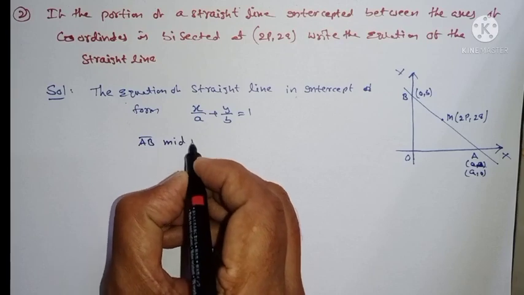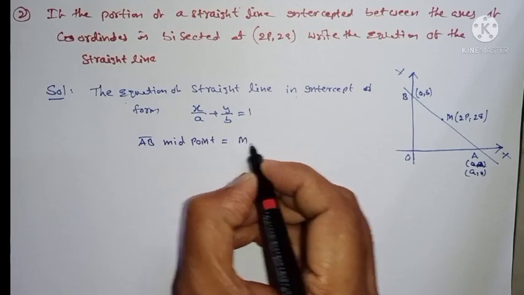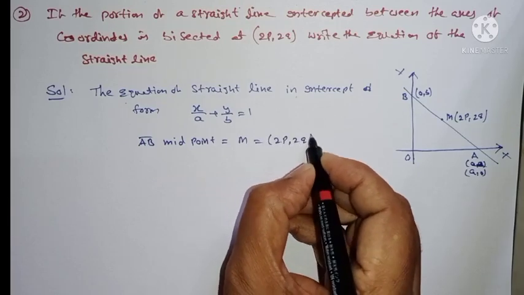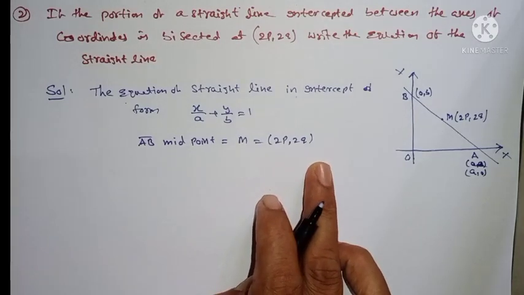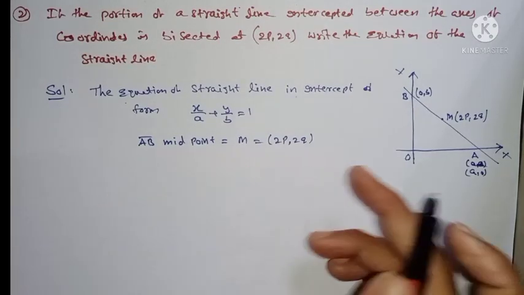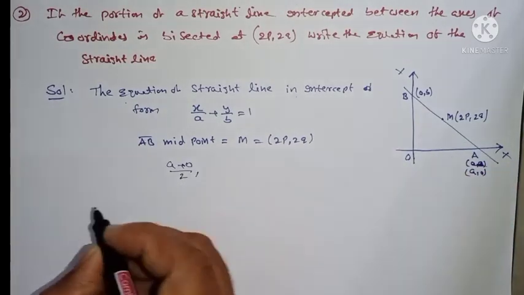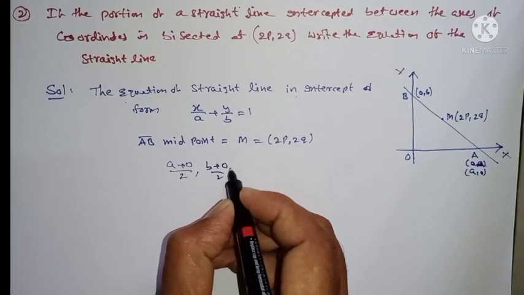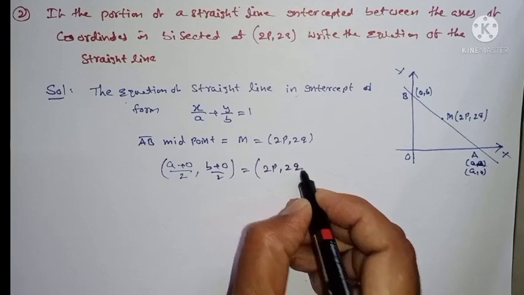The midpoint of AB is M, which is given as 2p comma 2q. Therefore, the midpoint of AB means you can write a plus 0 by 2 comma b plus 0 by 2 is equal to 2p comma 2q.